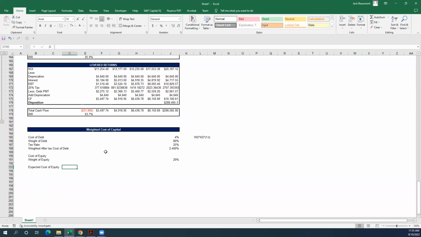There's a formula called the capital asset pricing model, and that says the cost of equity equals the risk-free rate, which is usually government debt, so Treasury bonds. We would use something similar to our investment horizon.